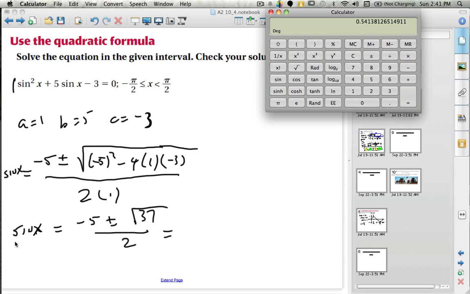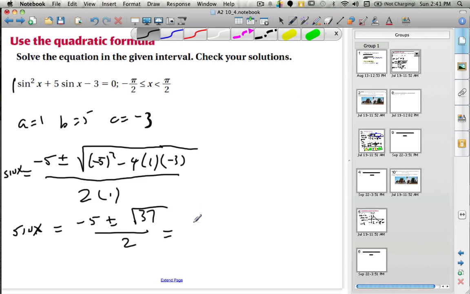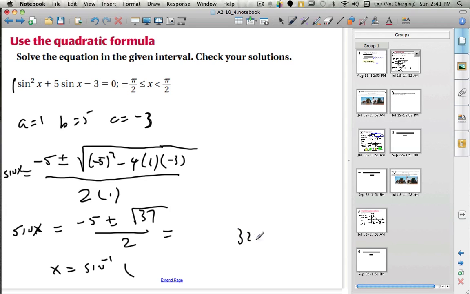And then, right, if that's the sine of theta, if I want to find theta or my value x, I'm going to have to do the inverse sine of that, and I'll get 32.77 degrees. So let's go ahead and write that down. Right, of this thing. So I get 32.77 degrees.